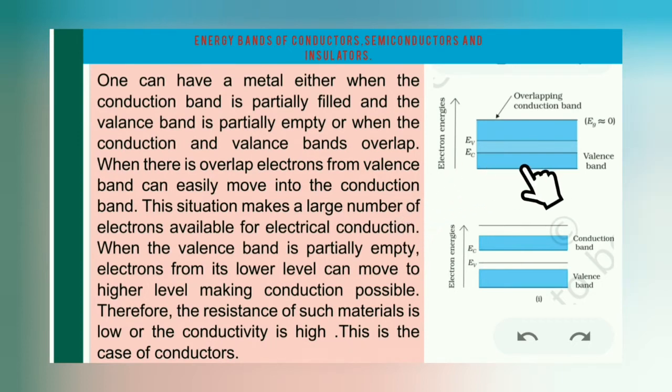See here, this is the valence band and this is the conduction band. Here the valence band and the conduction band overlap each other. This is the case of conductors or metals, and here the energy gap is very small. So both cases are possible for conductors.